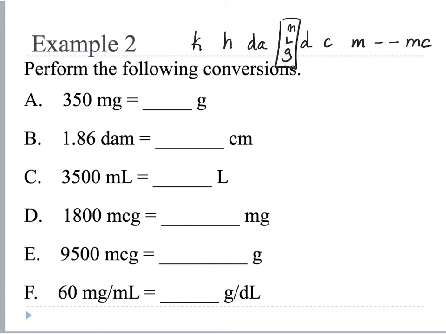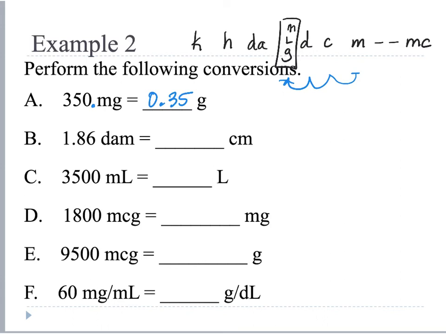So part A, I have 350 milligrams. Right now, my decimal point is after the 0. So I'm looking at milli, and I want to go to grams. So I'm going to move my decimal 1, 2, 3 places to the left, which gives me 0.35 grams.